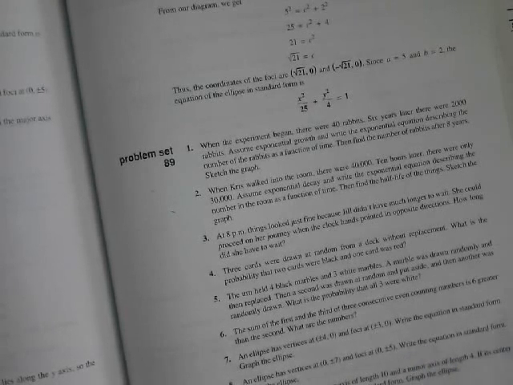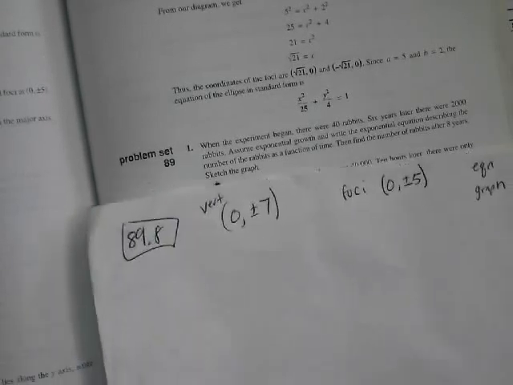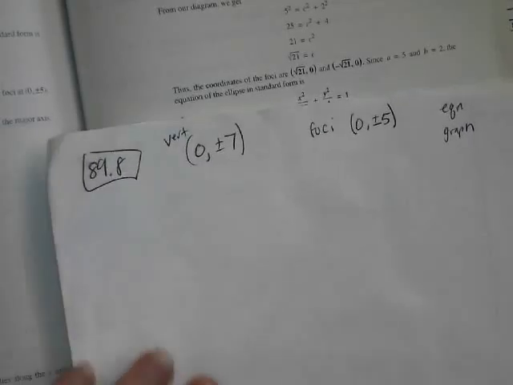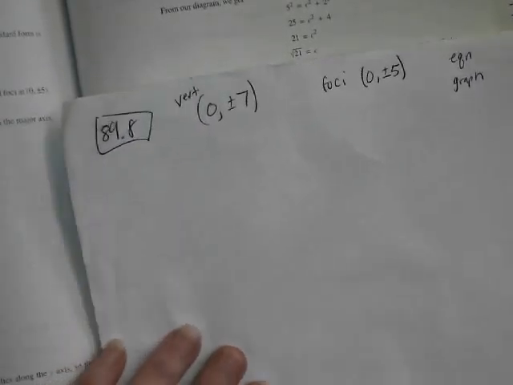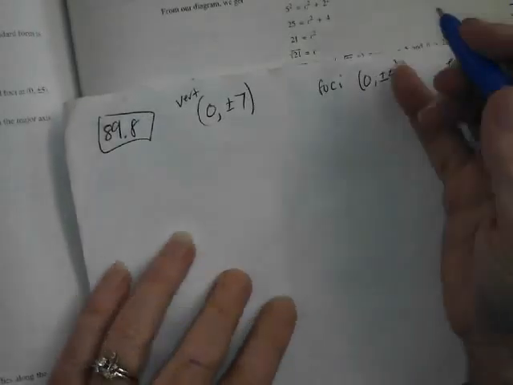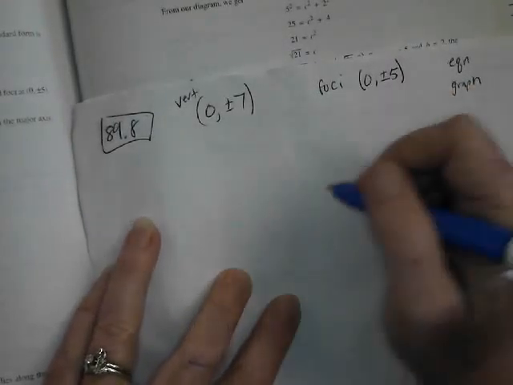Write the equation and graph the ellipse. So I need equation and graph. Okay, there, I wrote it all on this paper. Hopefully you can see that pretty well. Since I have to do the graph anyway, I'm going to go ahead and give myself a graph.